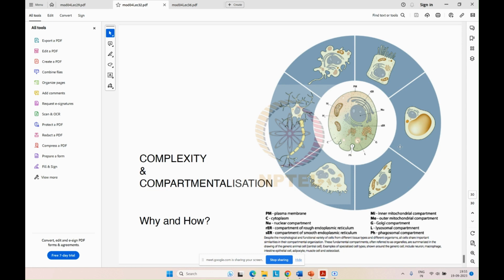for things to diffuse from one place to another. If you have made something in point A, and it needs to go throughout the cell, and if there are multiple points A in the cell, if there is one organelle which is present at multiple points, it makes the cell very crowded.